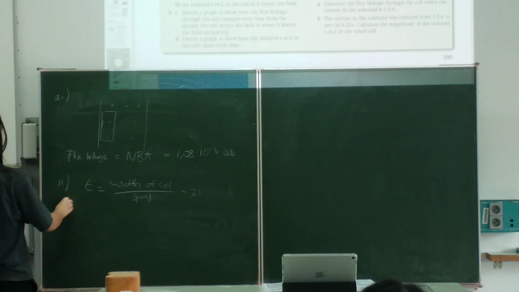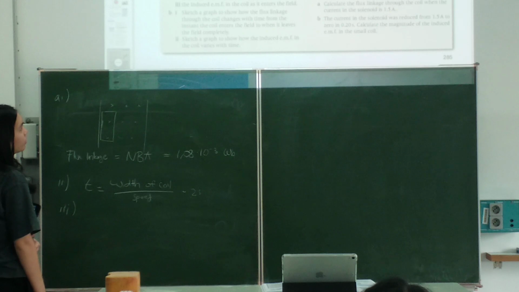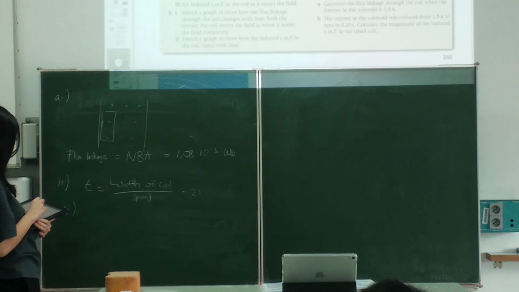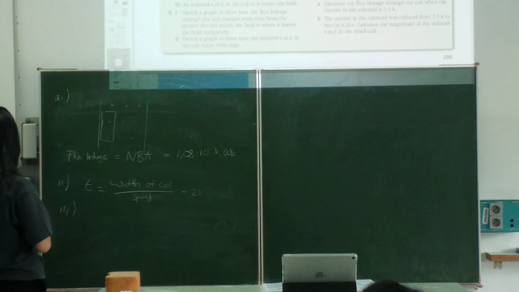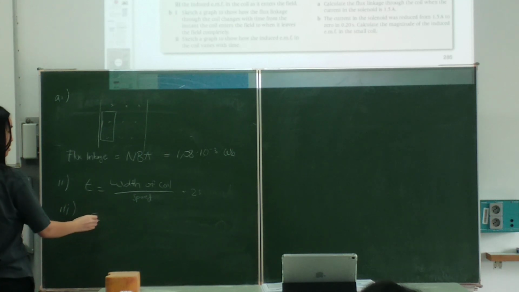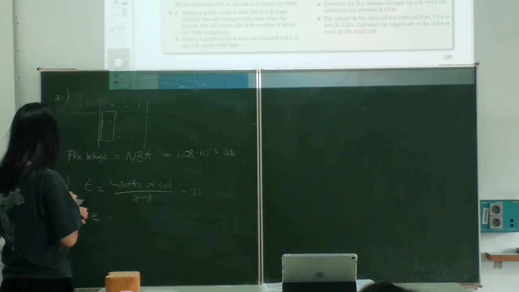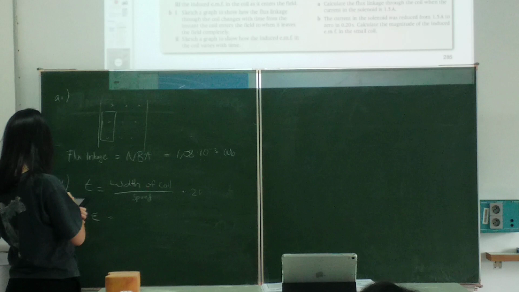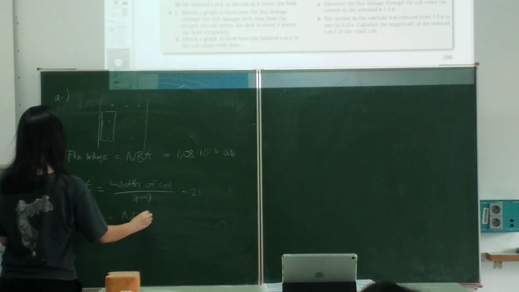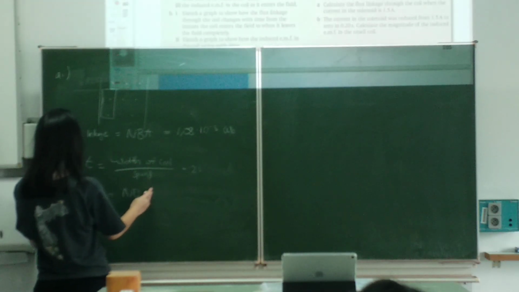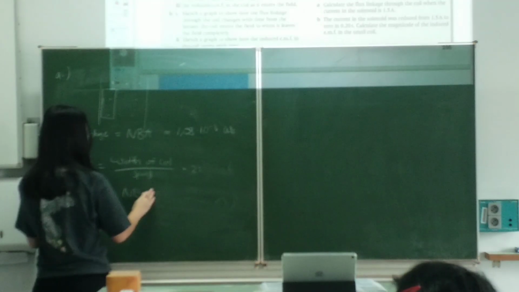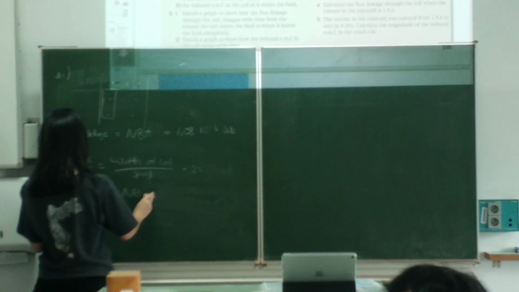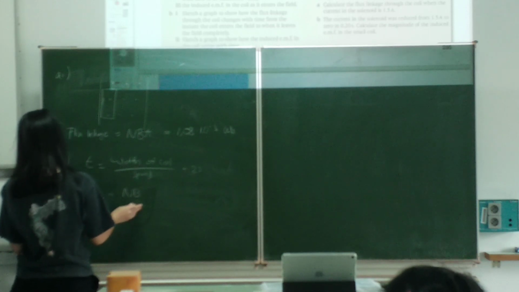And AIII, the induced EMF in the coil. As it is just about to enter, meaning it is not completely, fully inside the field with the whole rectangular area, but now it is about to enter gradually.